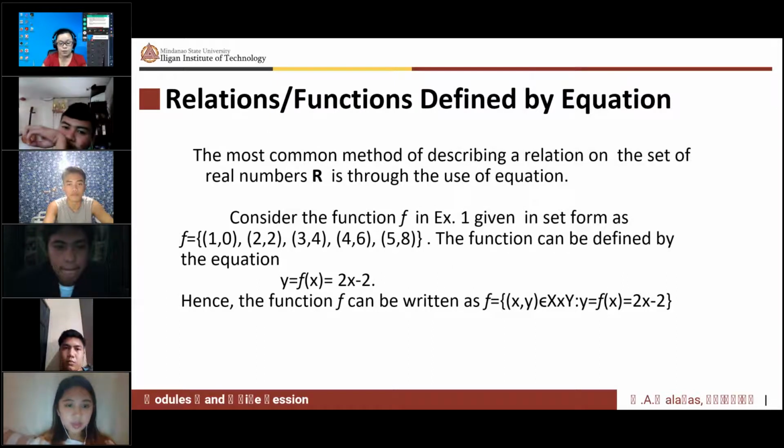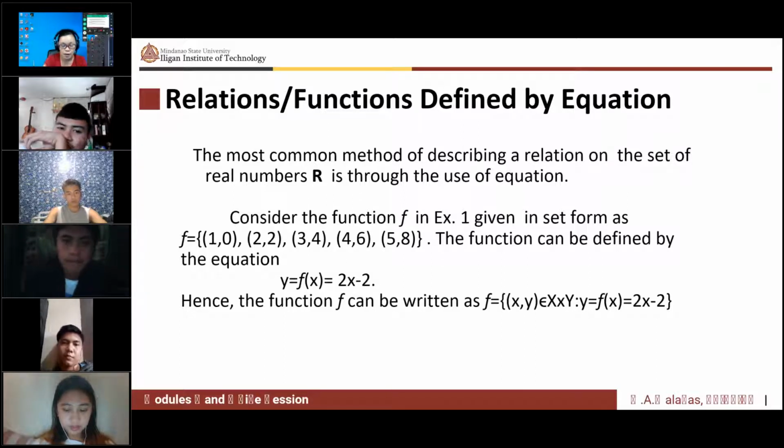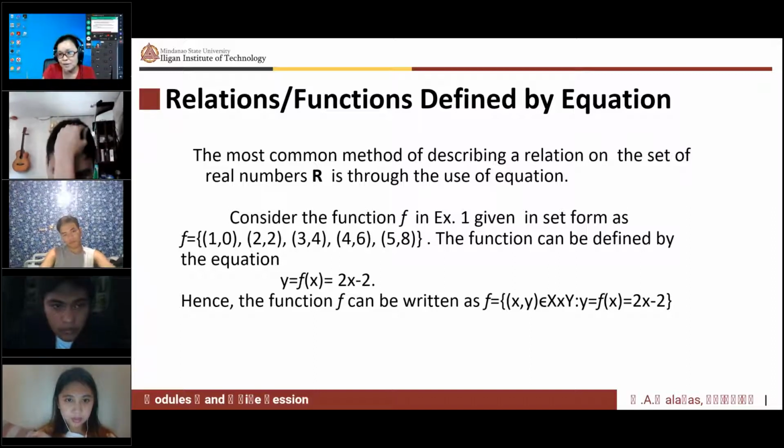The most common method of describing a relation on the set of real numbers is through the use of an equation. So take note, this R here, please do not confuse yourself with the notation. You just have to familiarize and memorize it. It's just like human beings, di ba? We also have people having the same names.